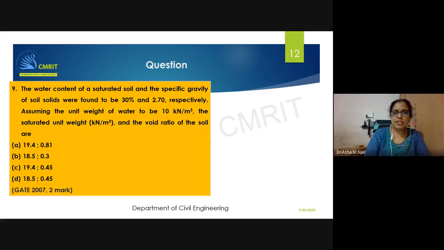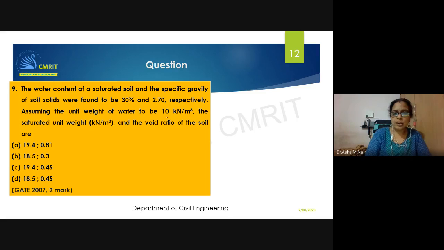Assuming that the unit weight of water is 10, the saturated unit weight and the void ratio of the sample are. So you are asked to find out the saturated unit weight as well as the void ratio.